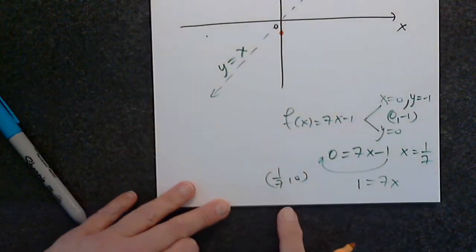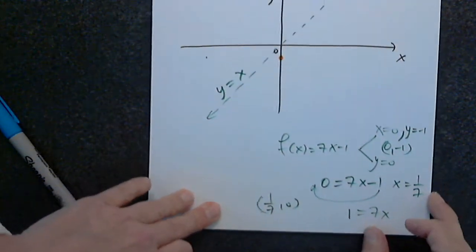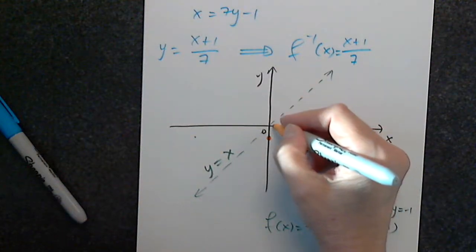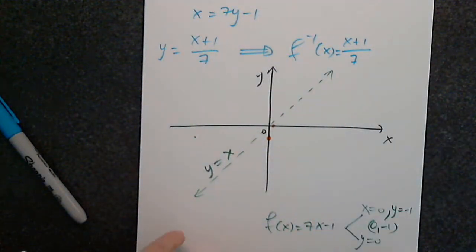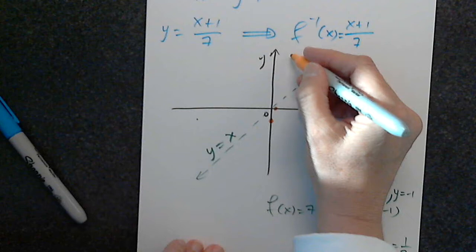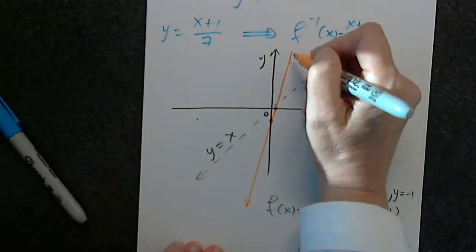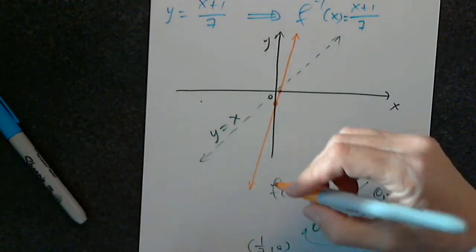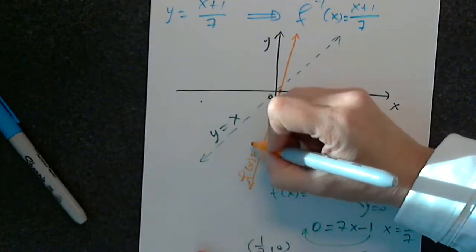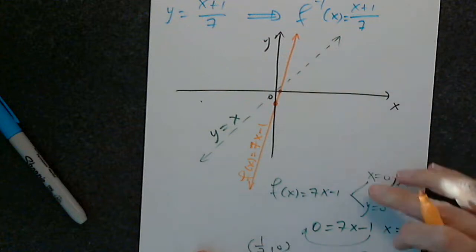And you can ask, how are you going to plot 1/7, 0? Very difficult. I'm going to say it's here. Of course it's not, but I'm not going to look with a magnifying glass at your graphs, and I'm hoping you are not going to look with a magnifying glass at mine. So this was f of x equals 7x minus 1.